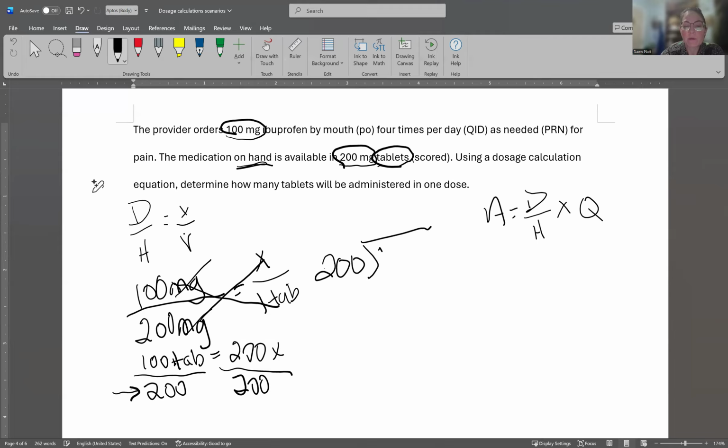200 into 100. Well, we look at that and we know that 200 can't go into 100, not in an even number. So what we have to do is we have to put our decimal point here, add a 0.